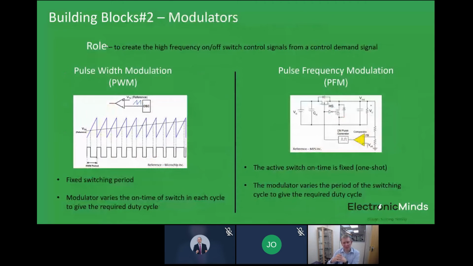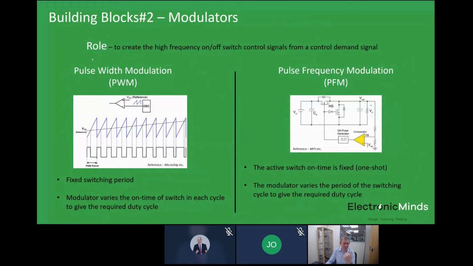The second building block that I just briefly want to describe is the modulator block. If you remember back to the earlier slide, this is the part of the system which takes a constant low-level signal, the output of your controller, and turns it into the switching waveform to be sent to the gate drive.